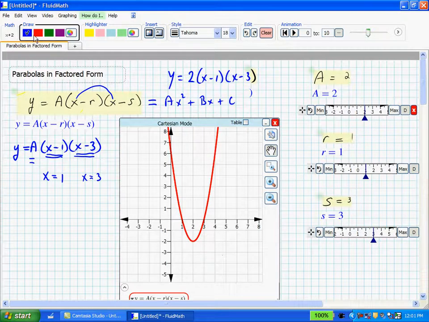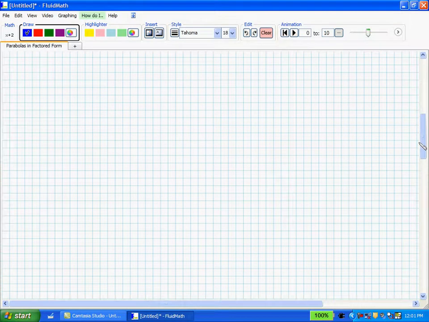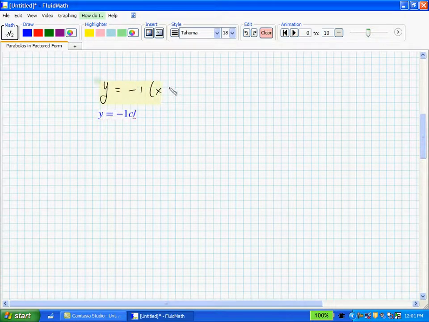We're able to see that it goes through 1 and 3 by looking at those factors, and we're able to see the shape by looking at that lead term. So we're actually able to make a very quick graph. Let's take this idea and imagine we have another one. Let's try y equals negative 1 times (x plus 2) times (x minus 4).